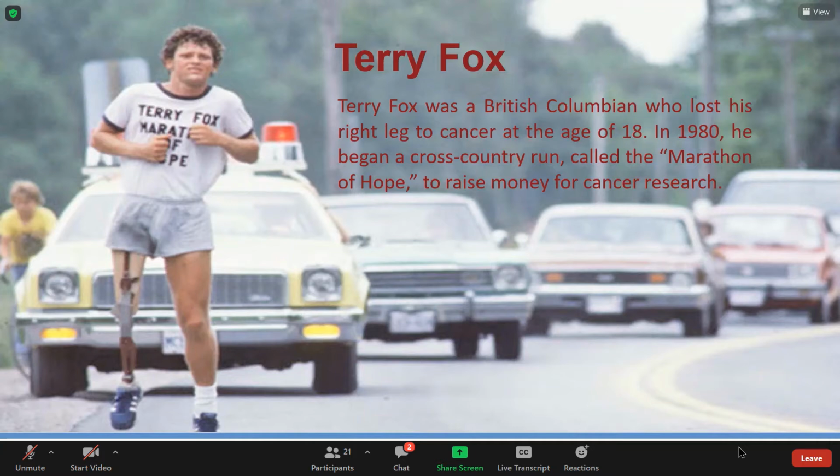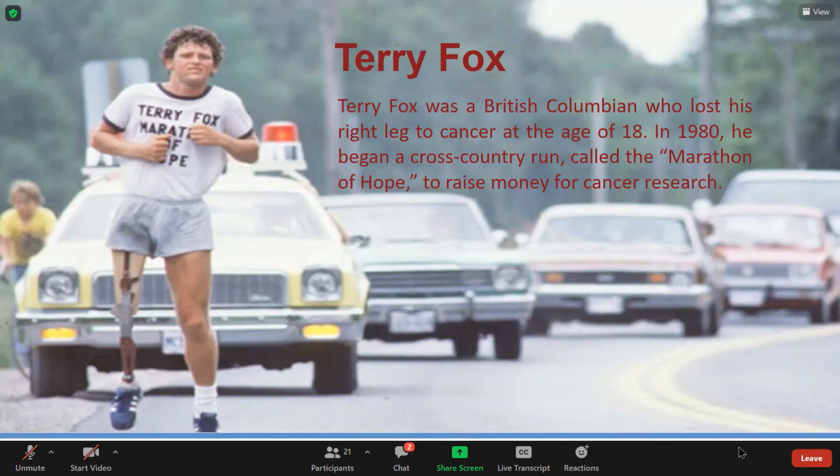He was running on his one foot, and he had lots of support. This was in the 80s, I believe, right? 1980, yeah. People were supporting him as he went. Unfortunately, he was not able to complete it. He fell sick again from cancer about two thirds of the way.